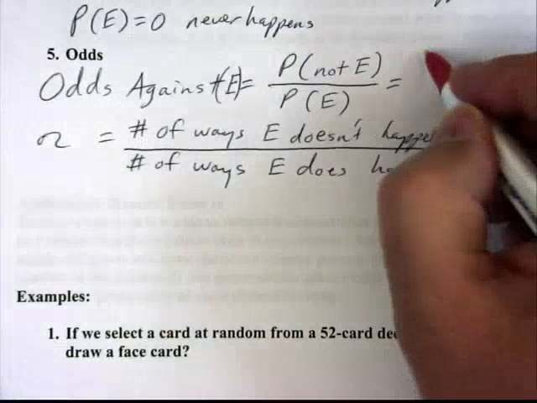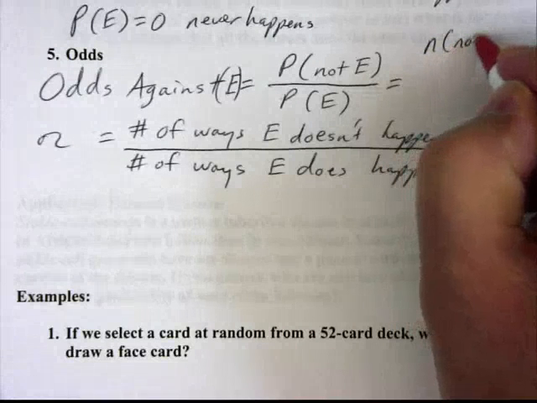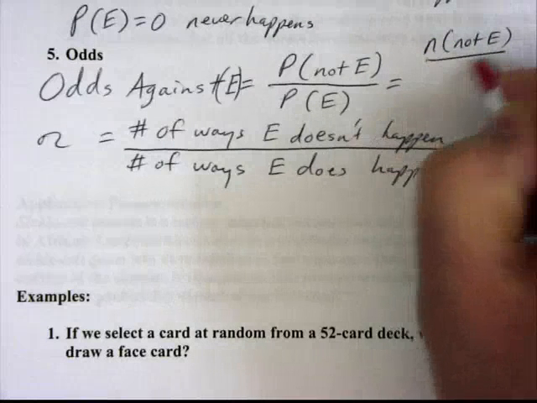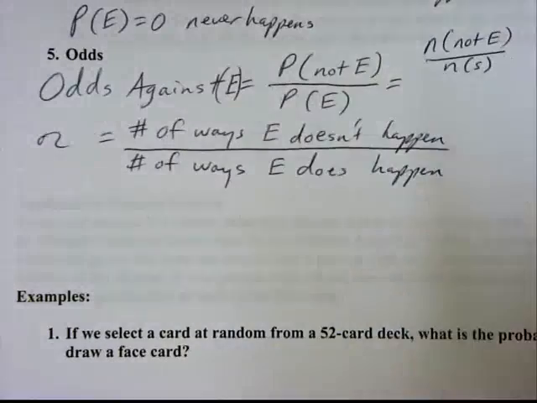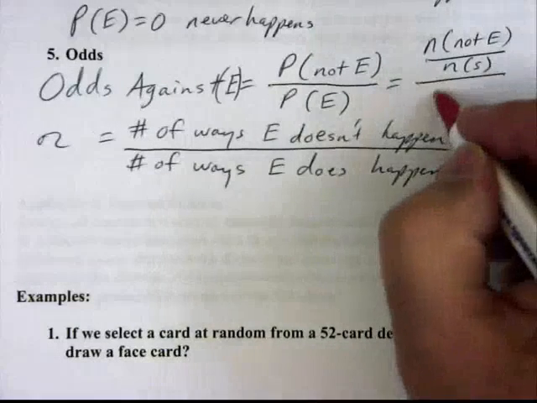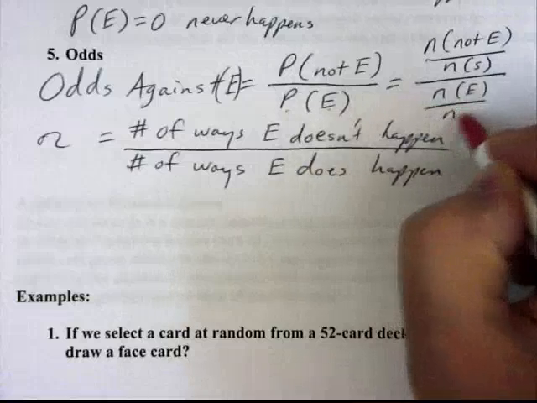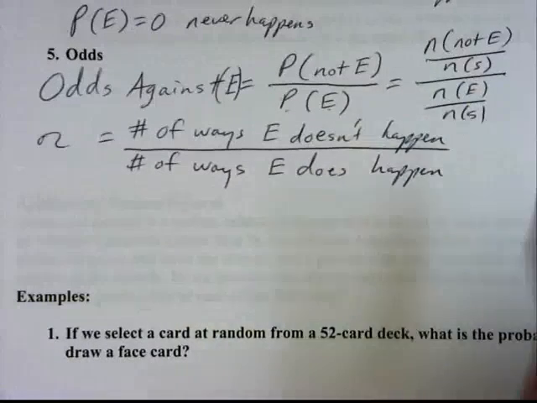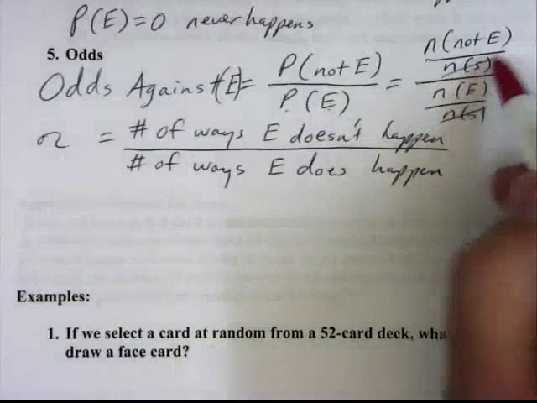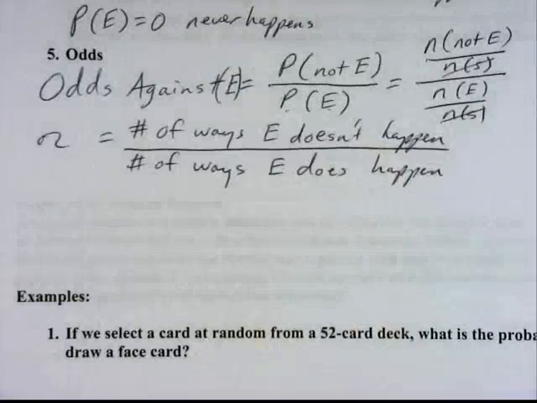If I was to rewrite this, not E would be the number of ways that E does not happen over the number of ways that the sample space can happen, over the probability of E, which is the number of ways that E can happen over the number of ways the sample space can happen. And when we simplify this fraction, those will cancel out, and that's what we get.